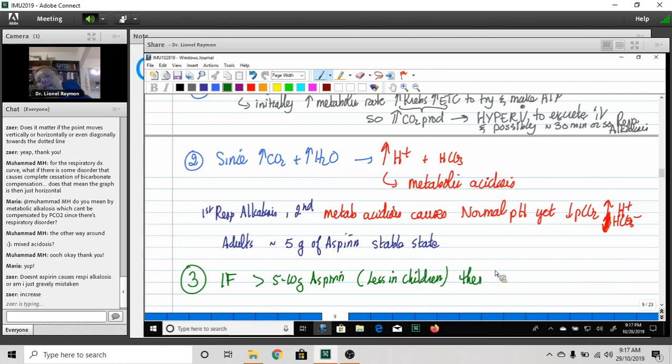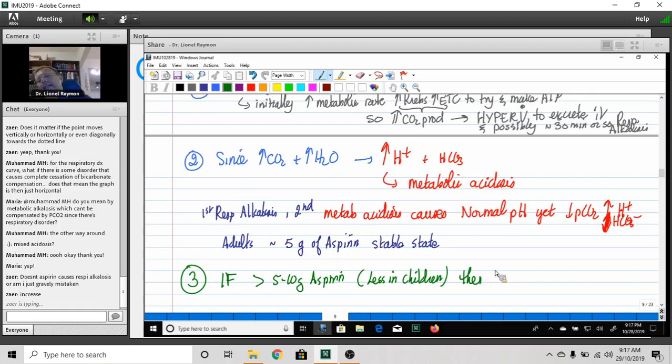then decrease ATP ultimately decreases neuromuscular function. You need ATP to have respiratory centers fire. You need ATP to have skeletal muscle contraction, and therefore you're going to get respiratory depression.